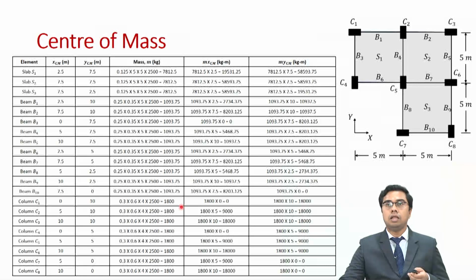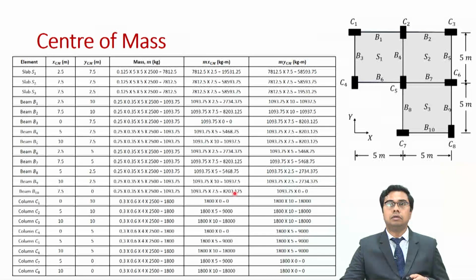Now, in order to find the center of mass for the plan of the building floor, we need to find the product of mass and the x coordinate of the center of mass for respective components. We also need to find the product of mass with the y coordinate of the center of mass of respective components.